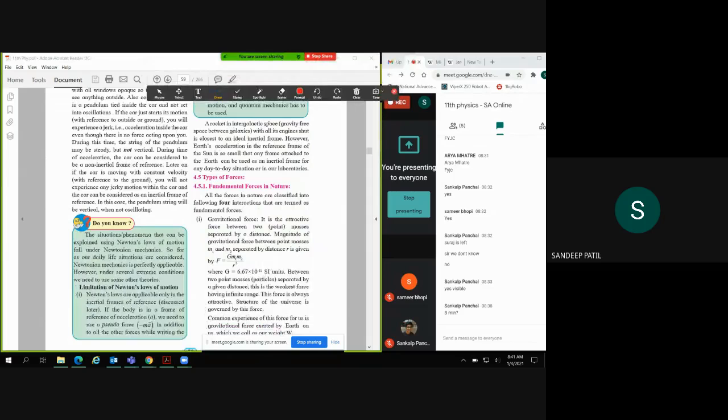A rocket in intergalactic space, gravity-free space between galaxies, with all its engines shut, is closest to the ideal inertial frame. We know that in between the galaxies there is no gravity force acting. So with all its engines shut down, we can assume that one rocket is there in intergalactic space between the two galaxies.